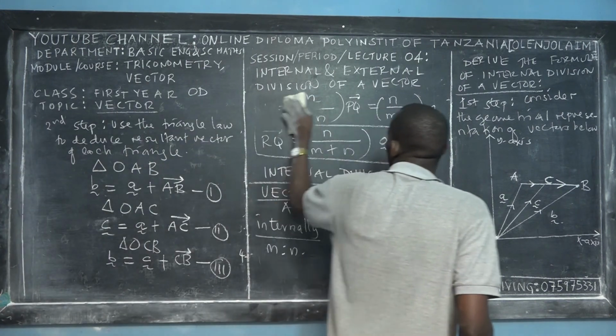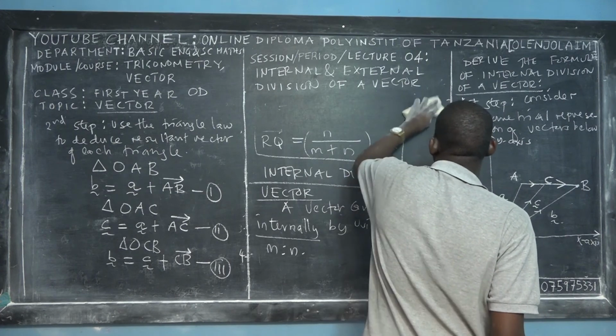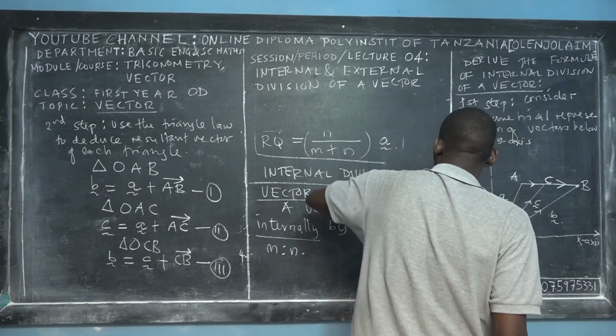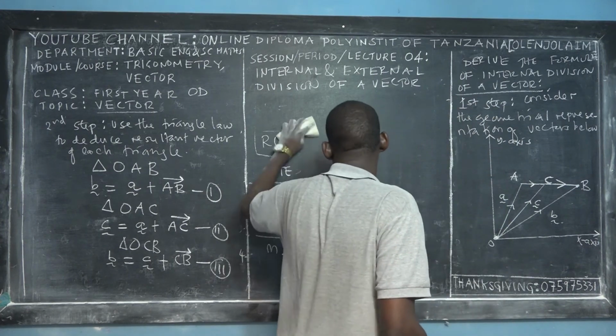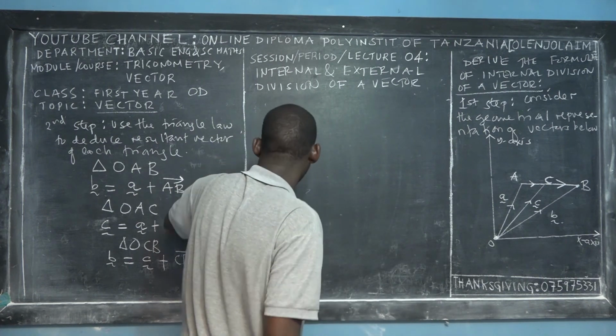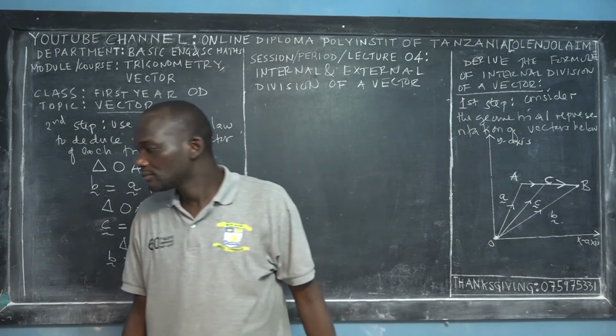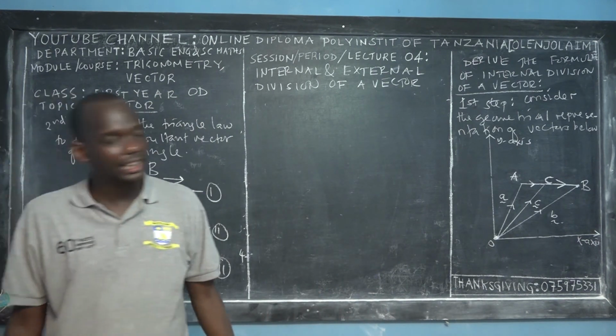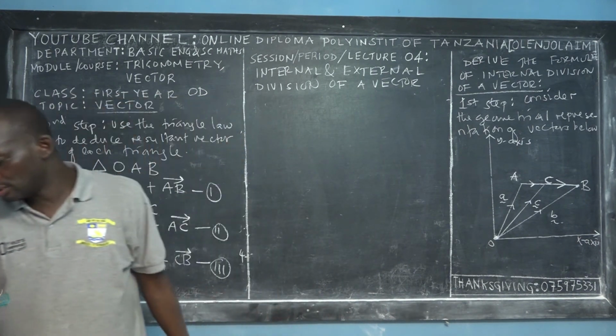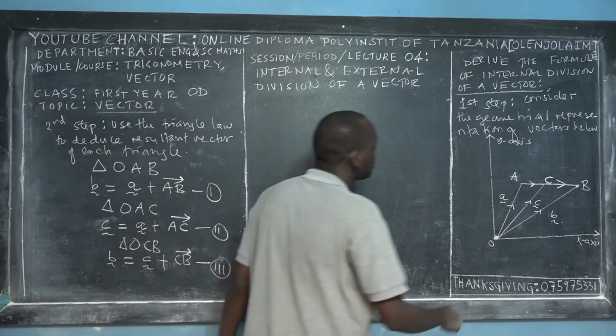Remember that the resultant vector C is the vector that divides the position vectors A and B in the ratio of M and N. So now allow me to add the ratio values.